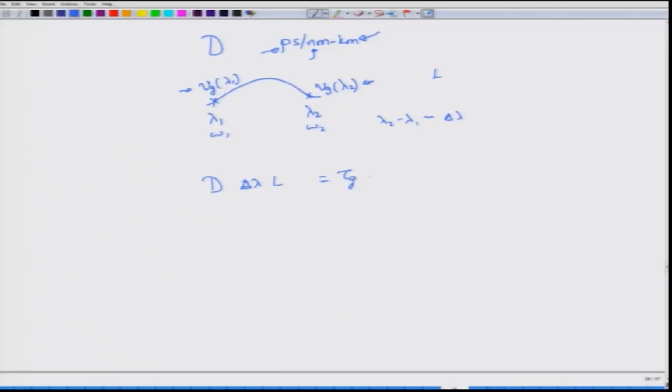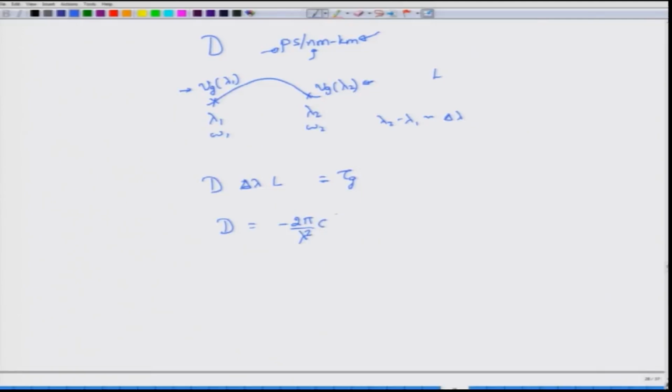And this tau g, we have also seen earlier, can be related to beta 2 omega square z, or beta 2 omega square. We have seen this earlier as well, but without going into the details at this point, I do not want to give you too many mathematical details. This D can be rewritten in terms of, or related to, beta 2 by this expression.